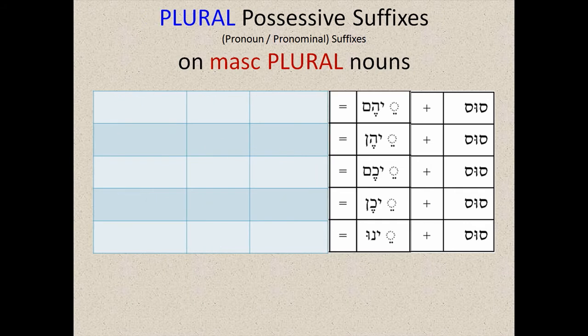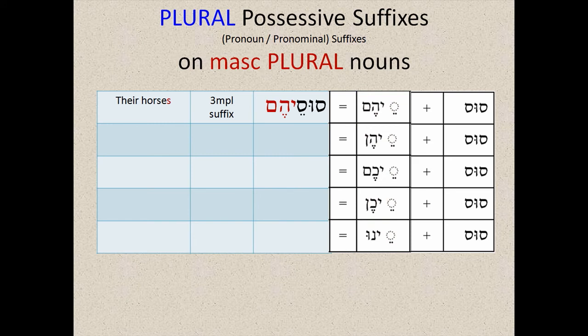Now, this set of endings, or this set of suffixes right here, notice again there's a yod in all of them. These are plural possessive suffixes that go on plural nouns. So, going through them, we have sus ahem. The suffix gets translated as a plural, their, and the noun is plural, horses, their horses.